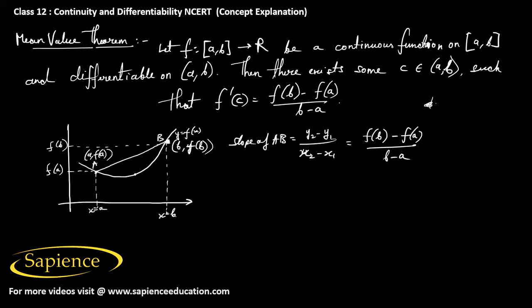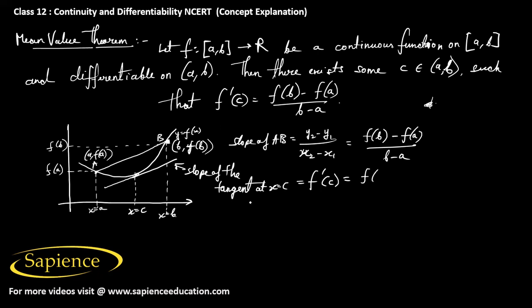So we can also find some point x equal to C where the slope of the tangent at x equal to C, which is f dash C, is the same as the slope of AB. Why?